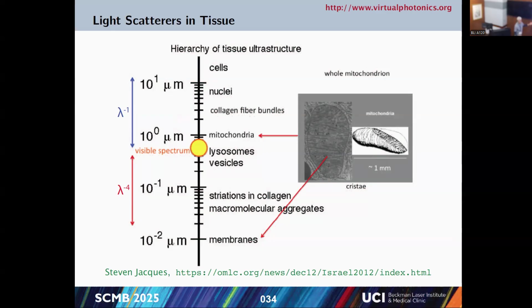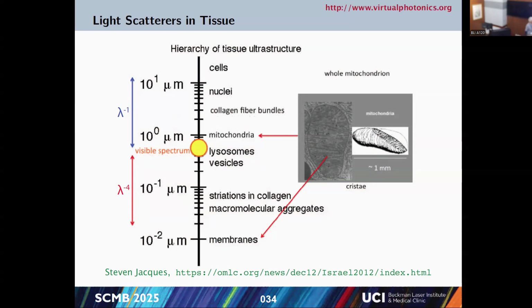range of spatial scales that are relevant to probing cells and tissues across 3 orders of magnitude, going from lipid bilayer membranes on the order of tens of nanometers to variations in refractive index and collagen, which tend to be ordered between 60 and 70 nanometers. You have macromolecular structures that are on the order of tens of nanometers.